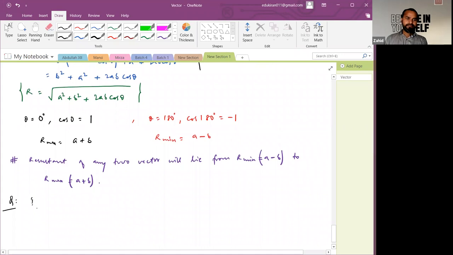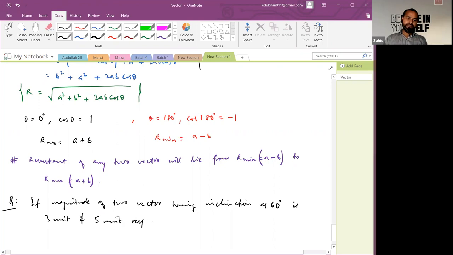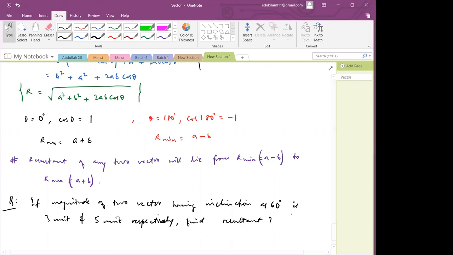Let's say if magnitude of two vector having inclination as 60 degree is 3 unit and 5 unit respectively. Find resultant. Try to solve.